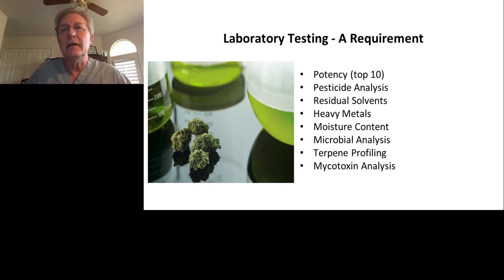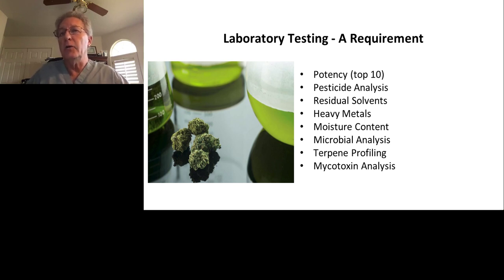Laboratory testing now is a requirement in states that have legal medical and/or adult use cannabis. Those tests vary from state to state.